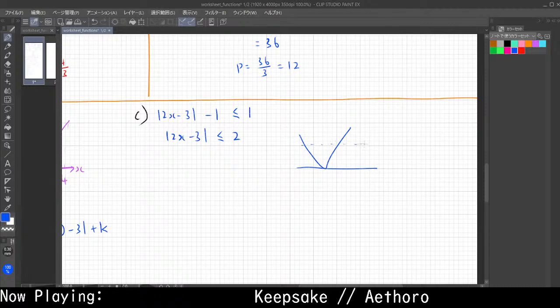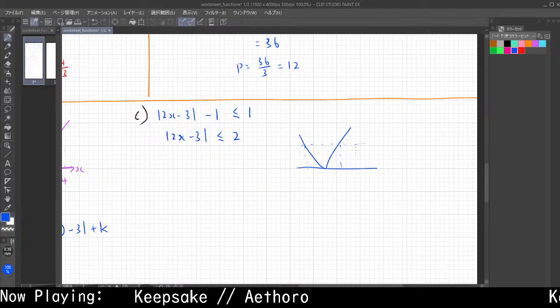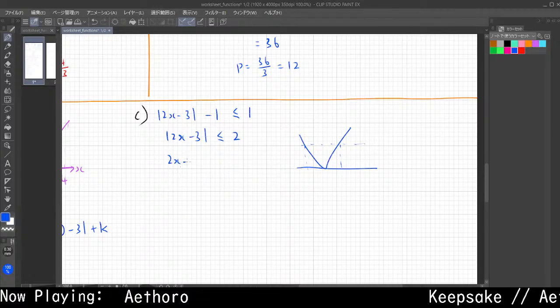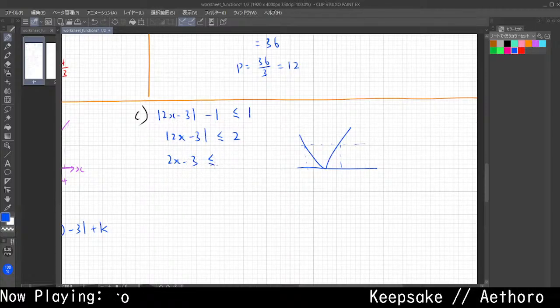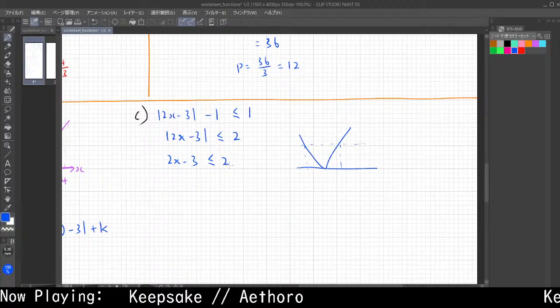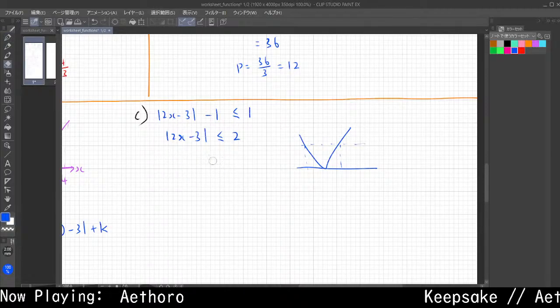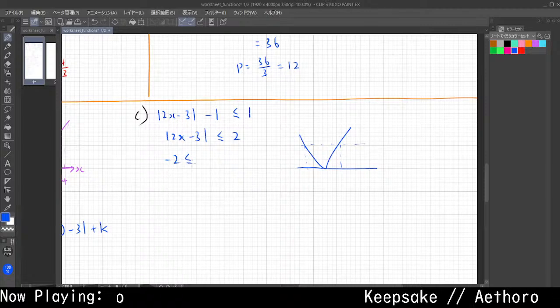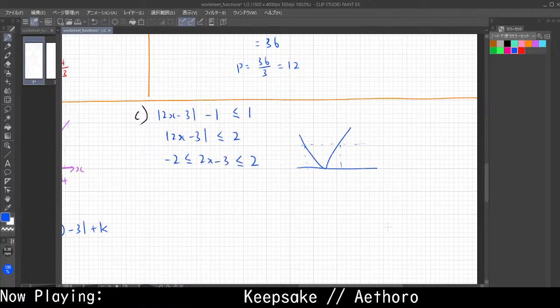Let's say 2 is around here, so you want to split it into 2 portions. Your 2x minus 3 will be less than or equal to 2, but your 2x minus 3 can also be, okay, I get it now. So 2x minus 3 will be wedged between -2 and 2.